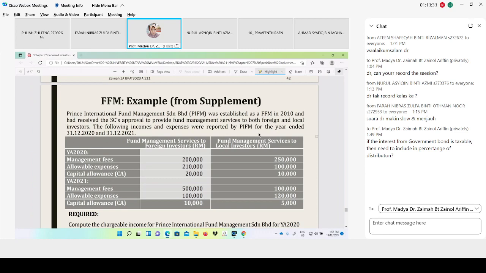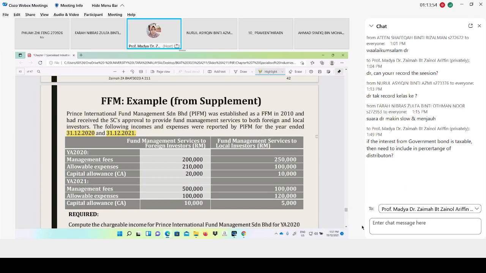They give you the information about income and expenses for 2 years, that is the year ended 31st December 2020, and also the year ended 31st December 2021. So you have 2 years to compute the tax.